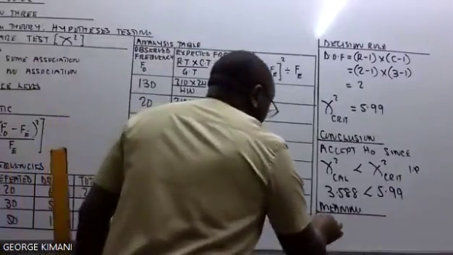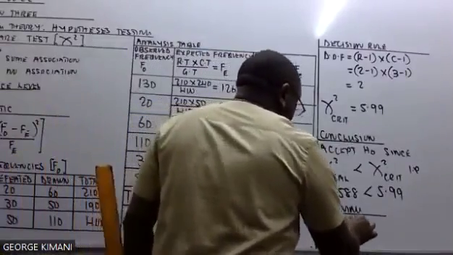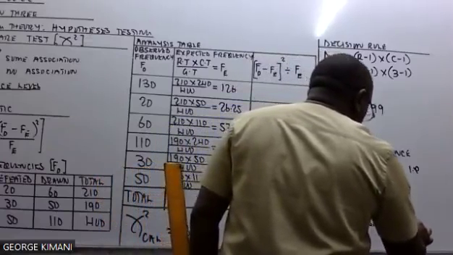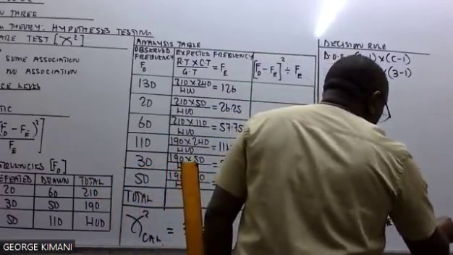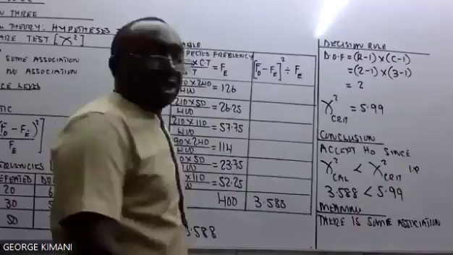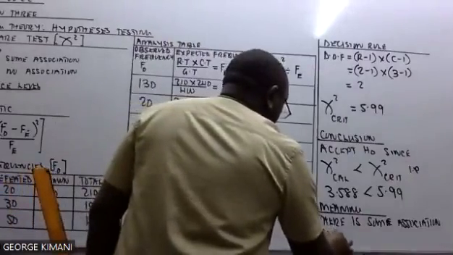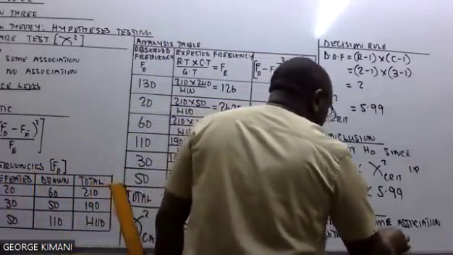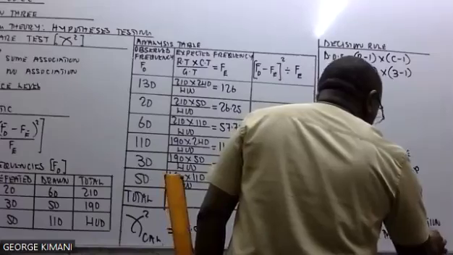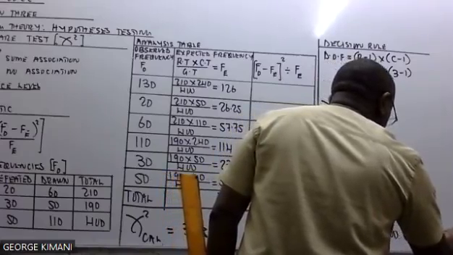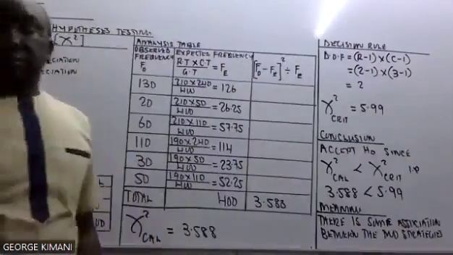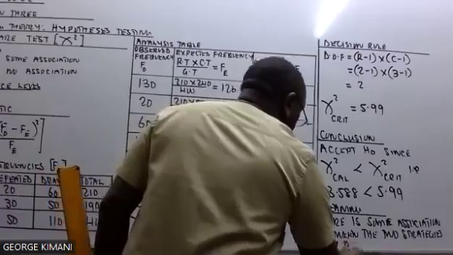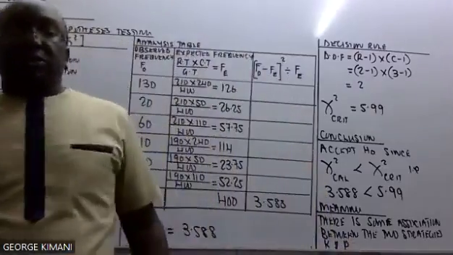So you tell us there is some association between the two strategies, P and K, or K and P.